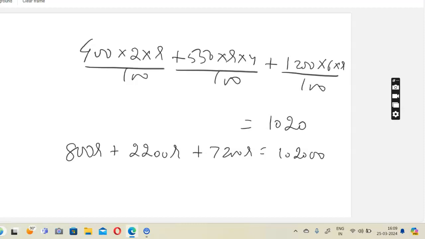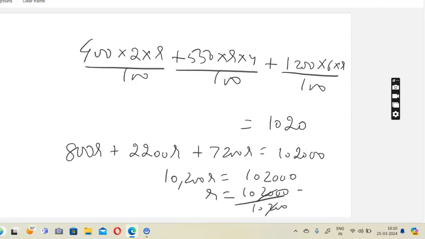So this is 2200 plus 800, 3000. So 10,200R equals 102 followed by 3 zeros. So R equals 10%. Okay, so let's go to the next sum. R is 10%.